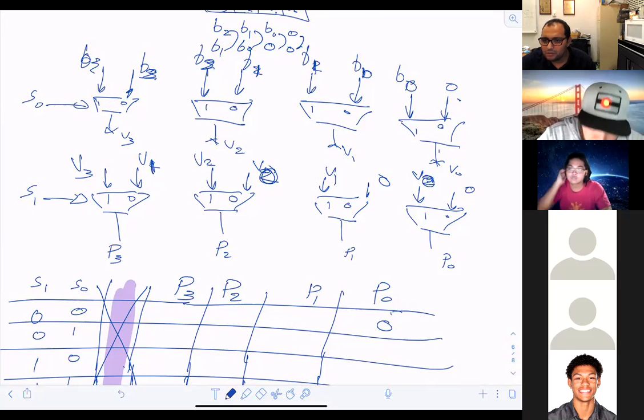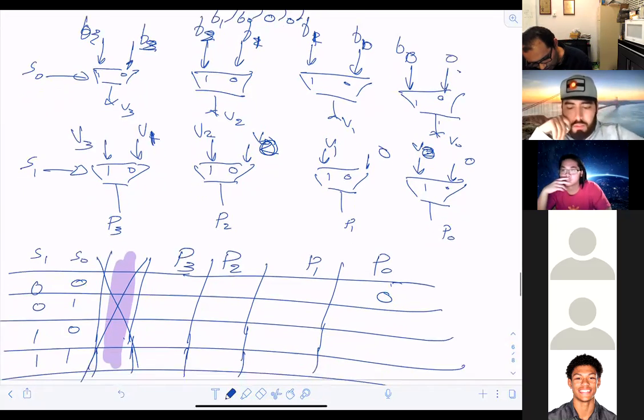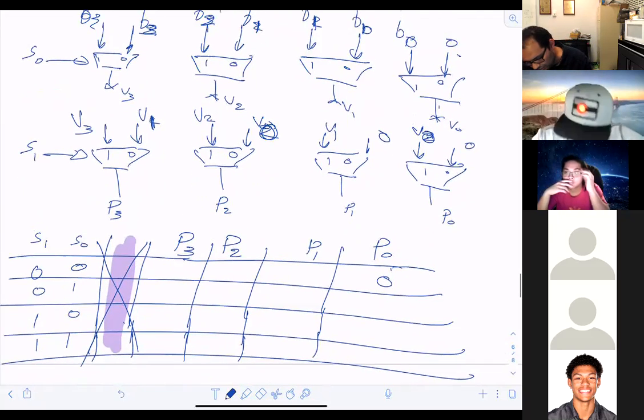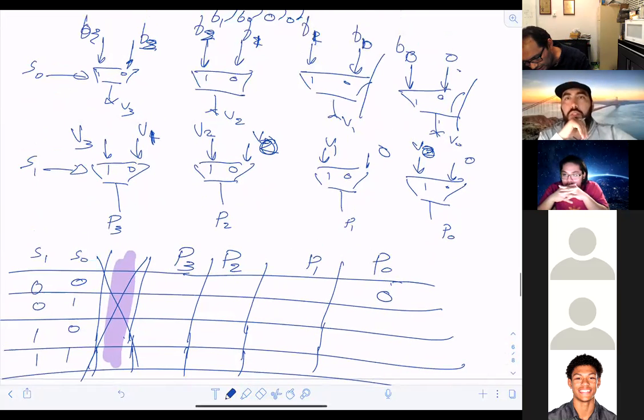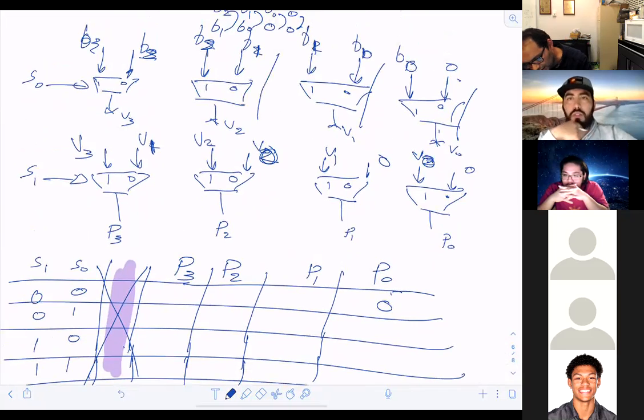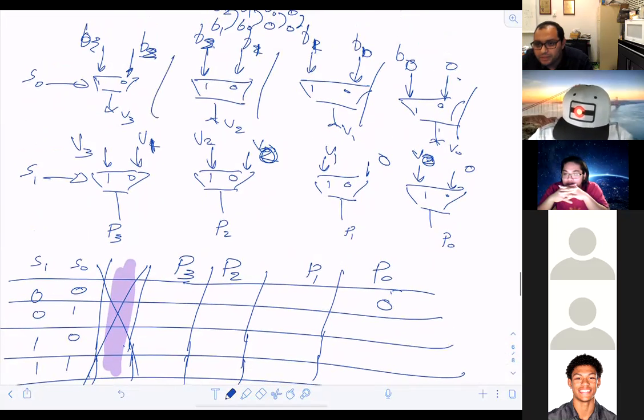So did you see what happened now? I think that will work. Let's try. If it's 0, 0, what will happen? That will be selecting 0, that will be selecting B0, that will be selecting B1, that will be selecting B3, right? Is this correct?